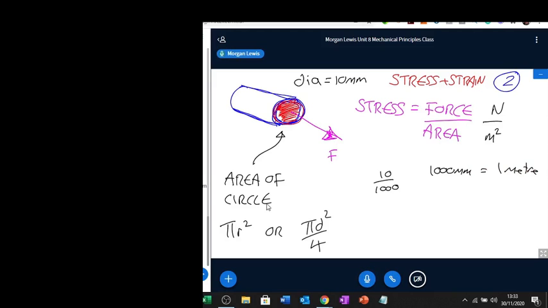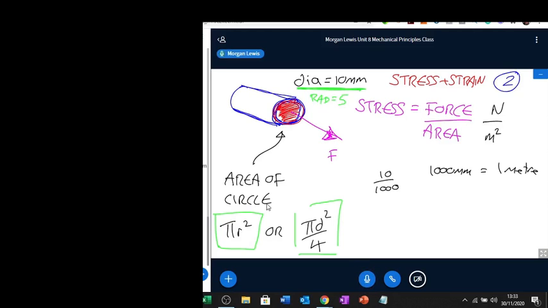The benefit of using pi d squared over 4 is what? Can you remember? What could go wrong if you use pi r squared? I think a few of you made the mistake last week. You can use pi r squared, but don't forget, if I give you diameter, which I always will, you need to halve it, because the radius of that would be 5.